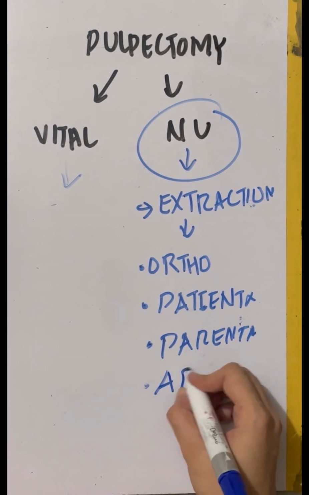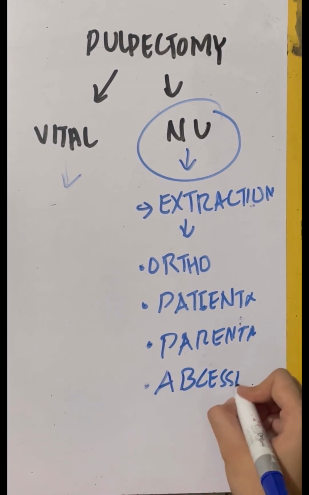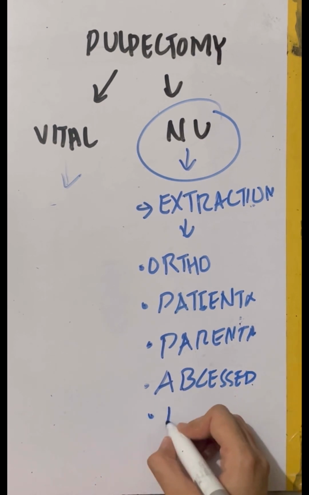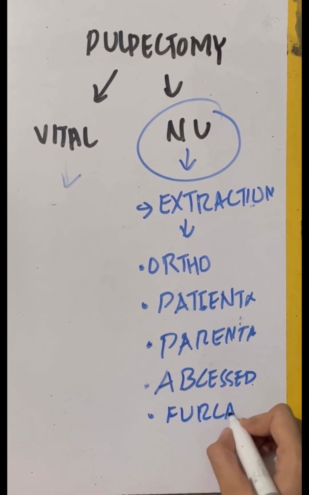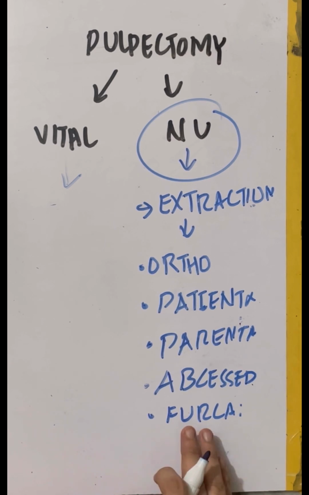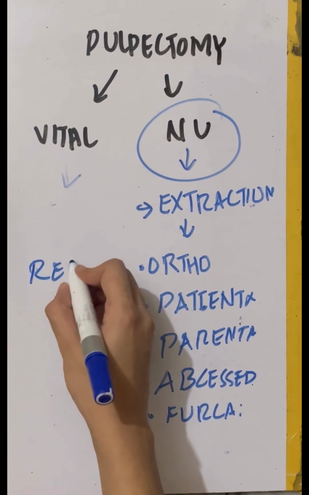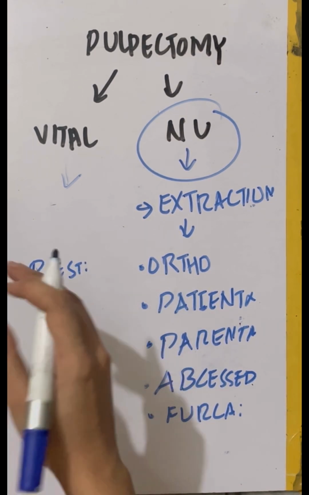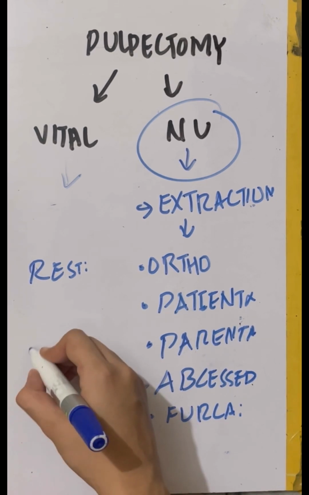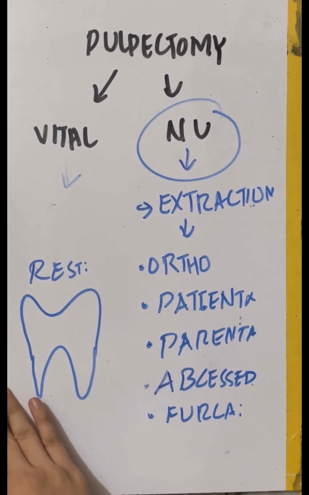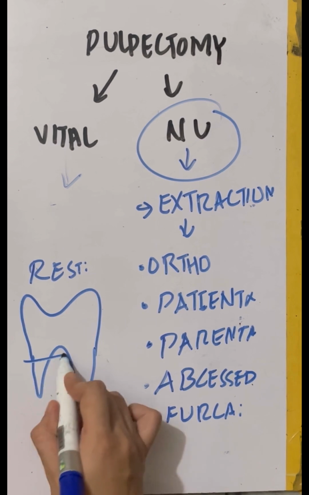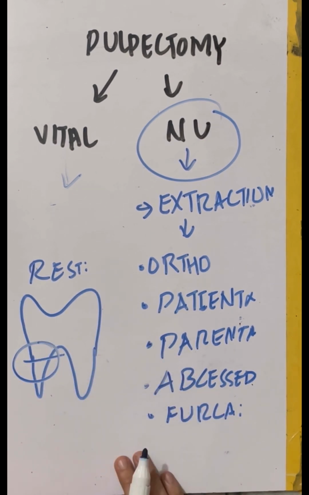Also if there is an abscessed tooth, if there is any furcation pathology, and when the tooth is restorable with at least 2/3 of the root length remaining. If 2/3 of the root is remaining and the tooth is restorable, then we perform non-vital pulpectomy.